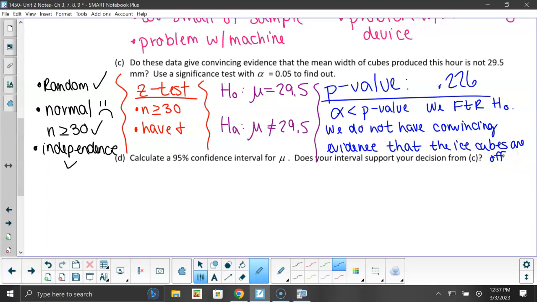All right, so we're just going to put in there that we don't have any convincing evidence that the ice cubes are off in shape. Because remember, if they're too big, problem. If they're too tiny, also problem.